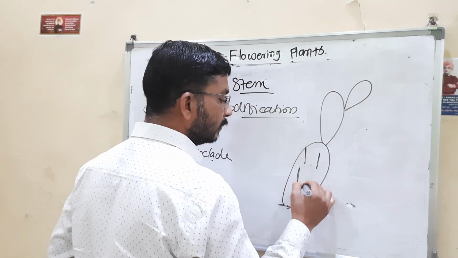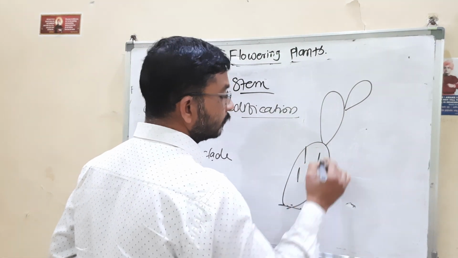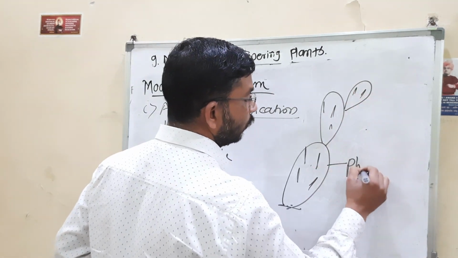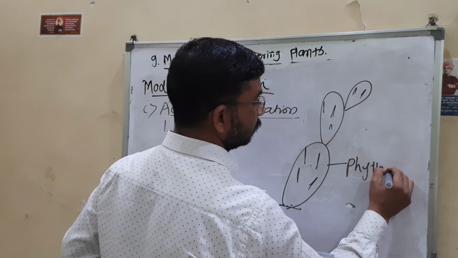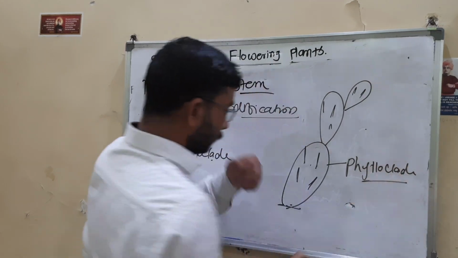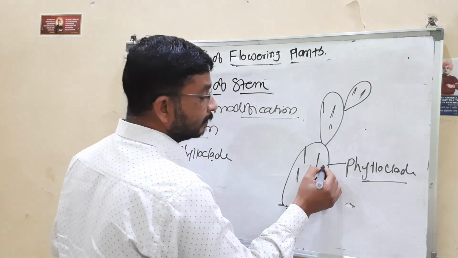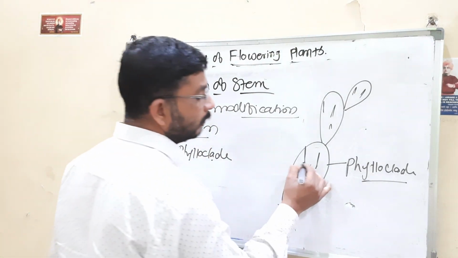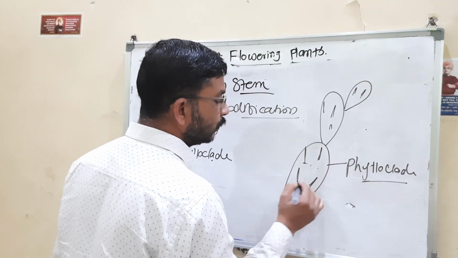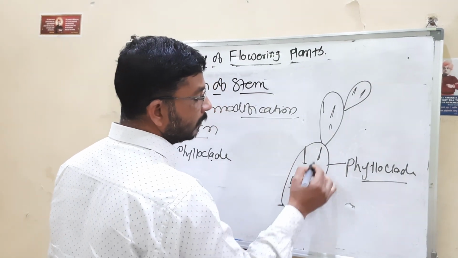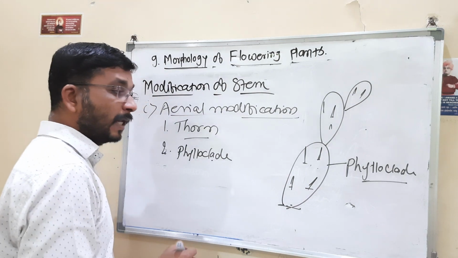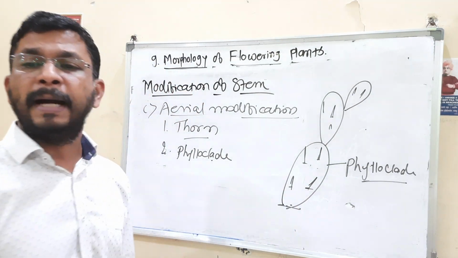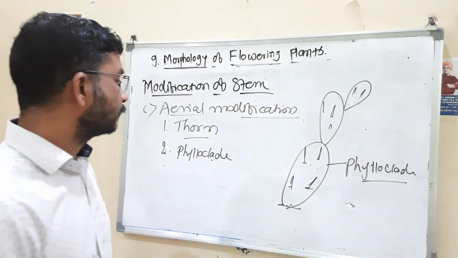On this we find the thorn. These are the phylloclade. On the stem we find leaves, and these leaves get modified into spines or thorns.